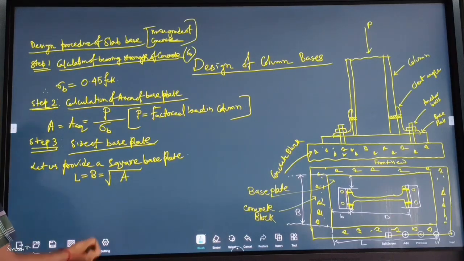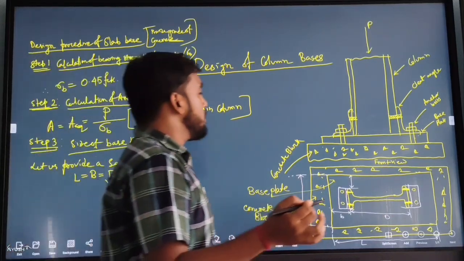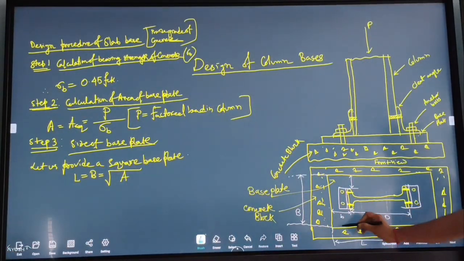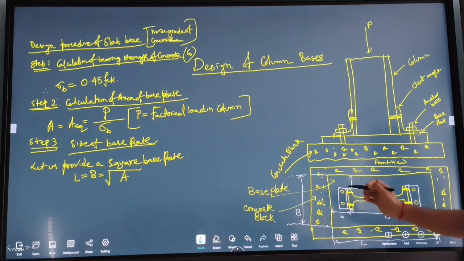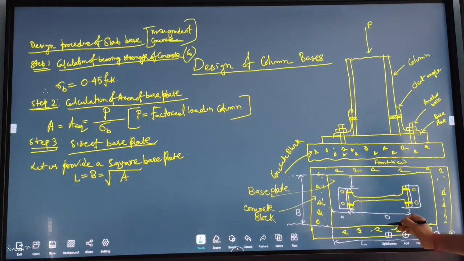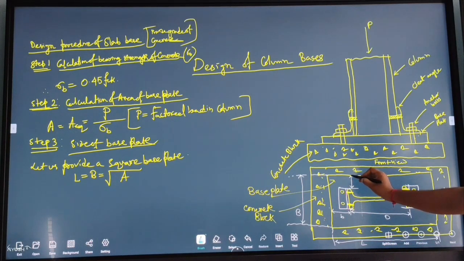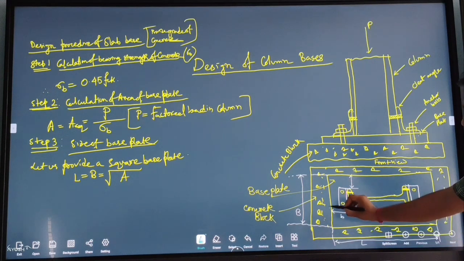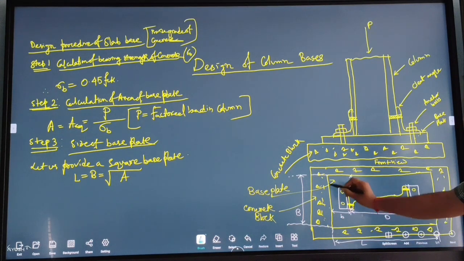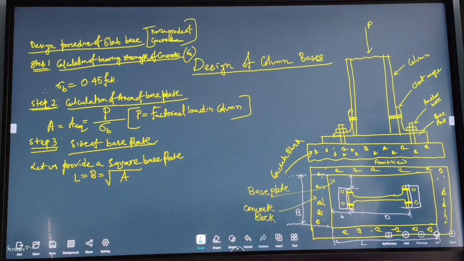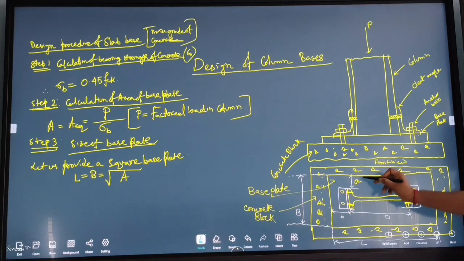Again, we have to calculate, we are putting A, B into A. But where we place the column, up to how much distance from this edge we can provide the column section. Up to how much distance from this side we can provide the column section. So for that we have to calculate A and B. That means projection.